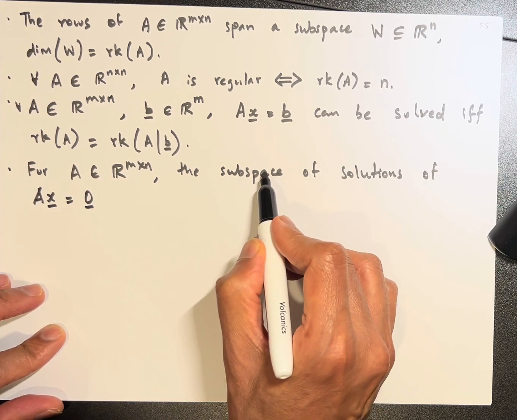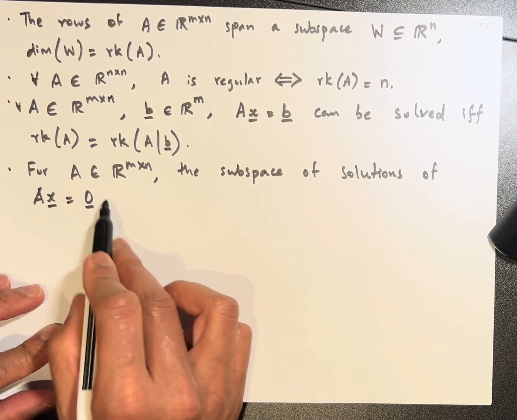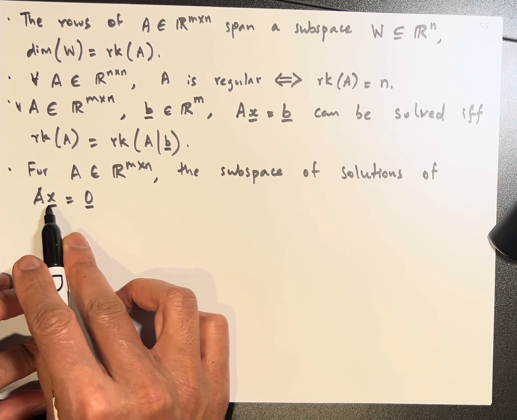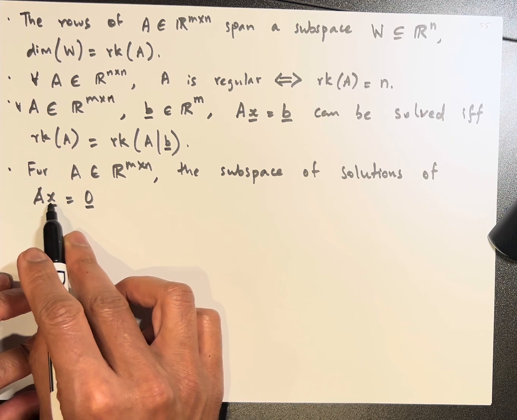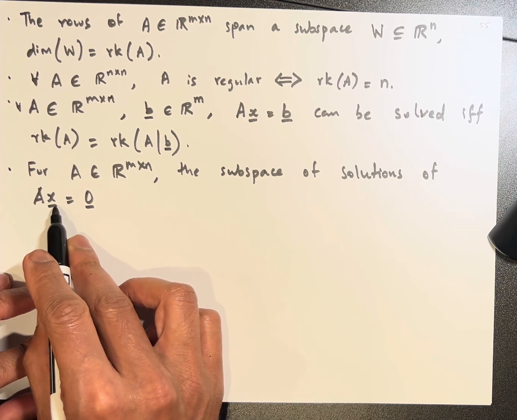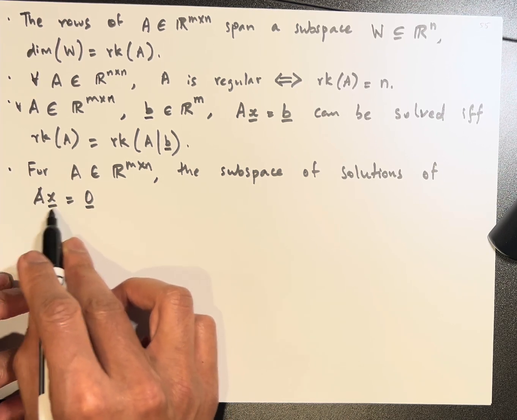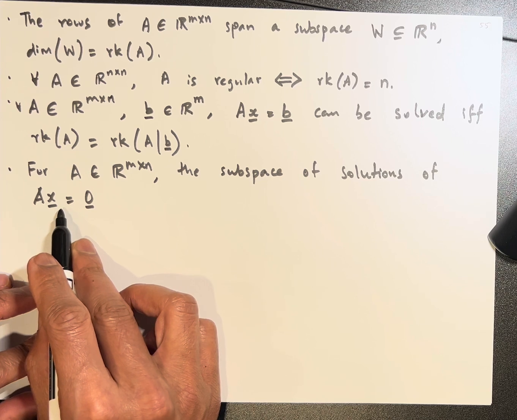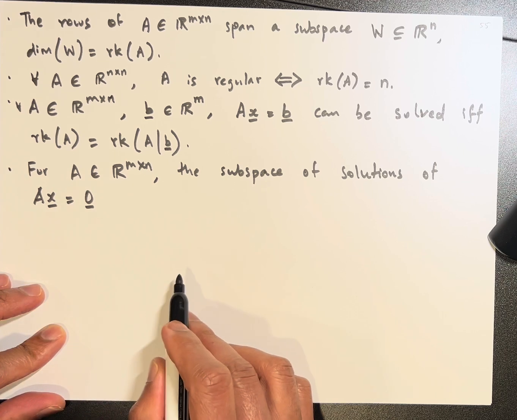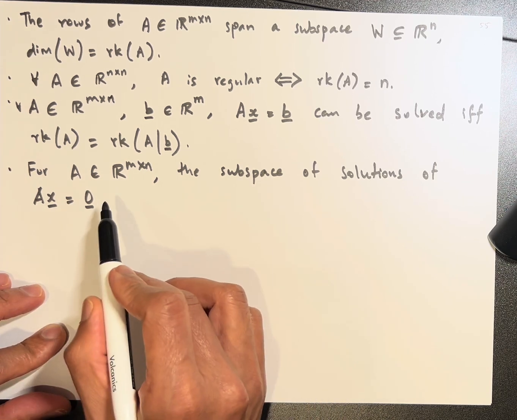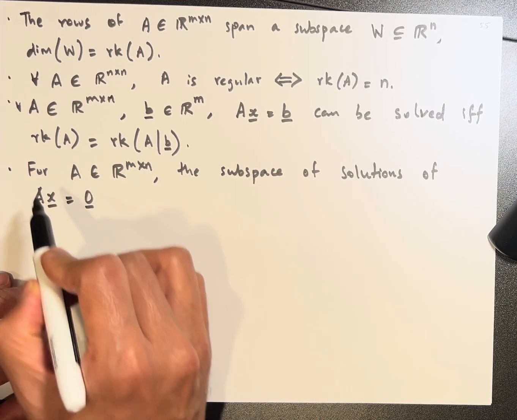Before, we already saw that if we take all the x's that solve this, then those x's form a subspace, because obviously the 0 vector is there, and if you take any two solutions, then their sum also is a solution, and if you scalar multiply an x that solves this, like lambda x, that's also going to be a solution. So closure is satisfied and 0 is part of this. That's why the solutions of the equation Ax equal to 0 form a subspace. We saw this in the example before.